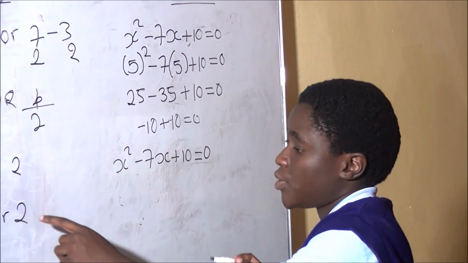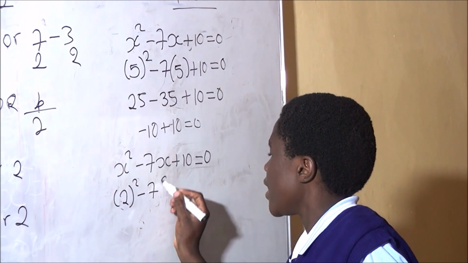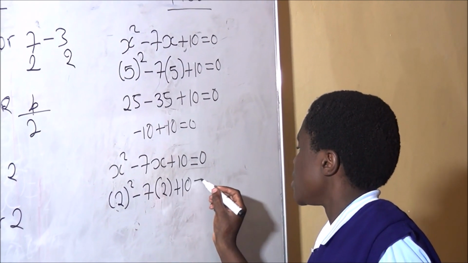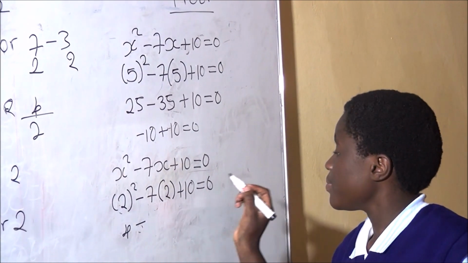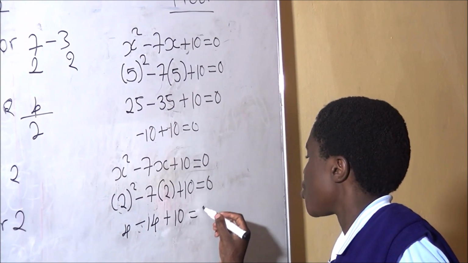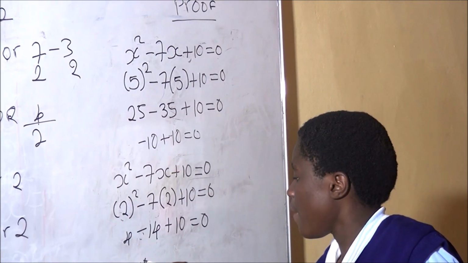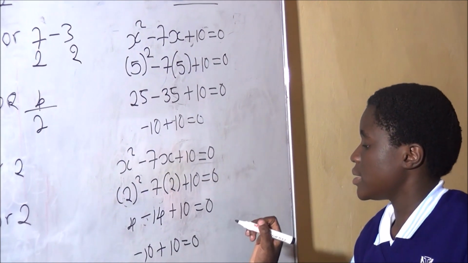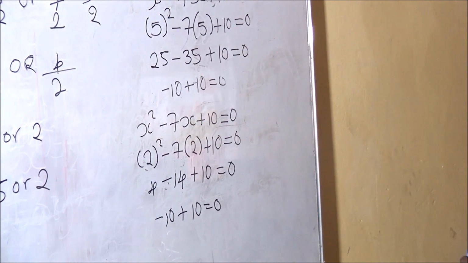Where there is x, we substitute 2: 2 squared minus 7 times 2 plus 10 is equal to 0. 2 times 2 is 4, minus 7 times 2, which is 14, plus 10. 4 minus 14 is negative 10, plus 10 is equal to 0. And we have proved that all the values of x are correct.